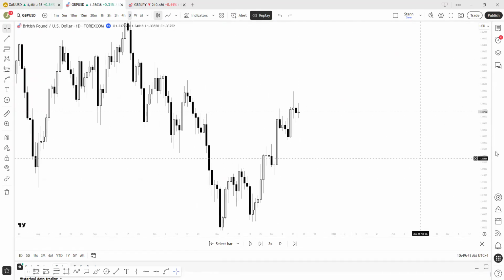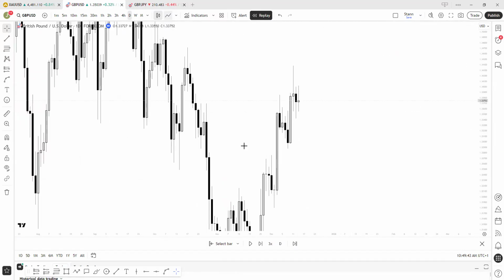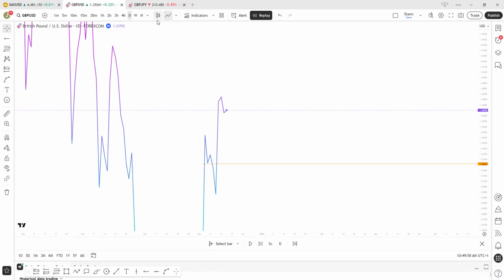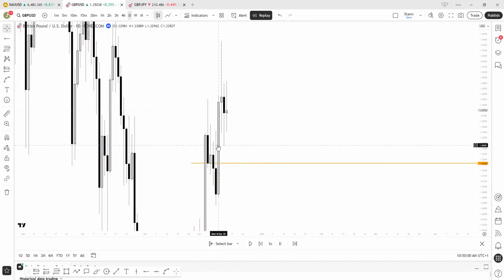So looking at this right here, what do we have? We have another important key level, another important zone right here. Price came into that key level.